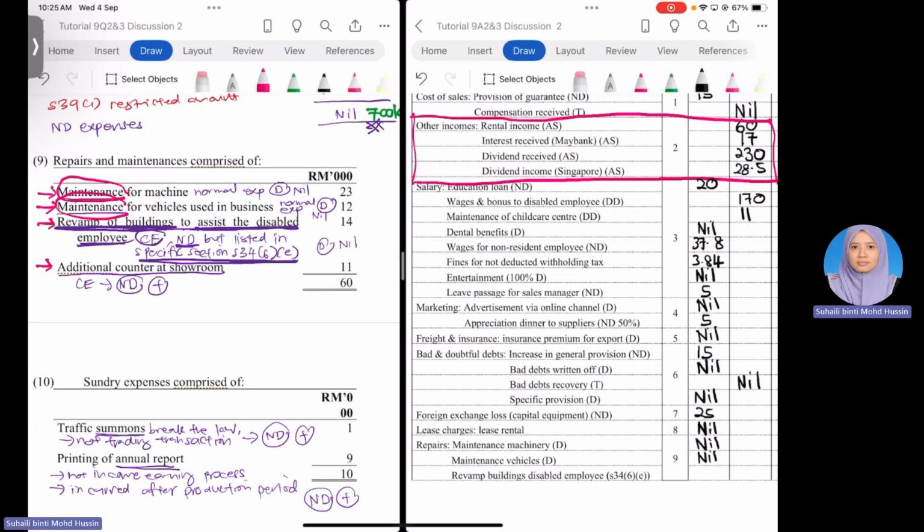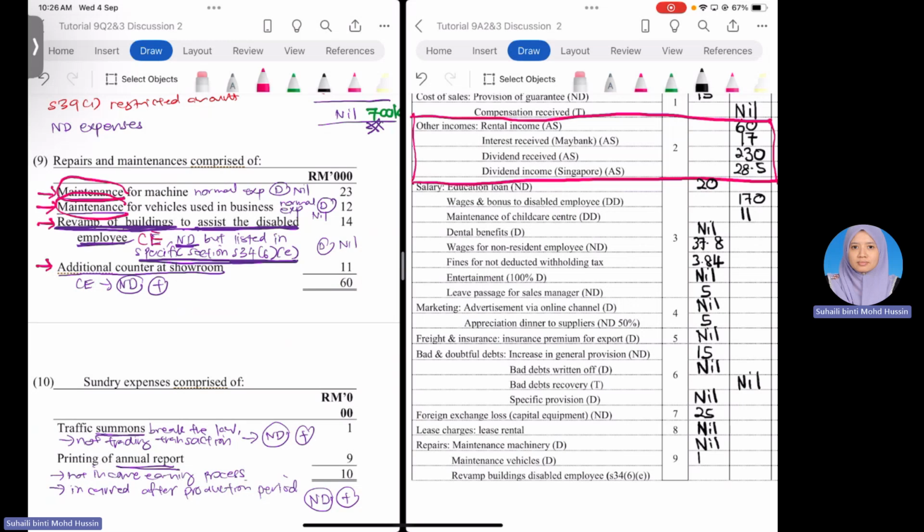Okay, third item, we have the revamp of the building to assist the disabled employee. You deducted 14,000 ringgit in SOCI, where we know that the revamp of the building to assist the disabled staff is a capital expenditure. Of course, that is not allowed for deduction.